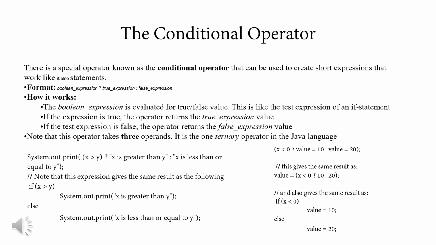That's exactly the same as the if else that we have below. So if x is less than 0, value is 10, else value is 20. It's good to know that we can write this conditional operator in another way, right? We can write it as value equals, in parentheses, x less than 0, right, then 10, else 20.